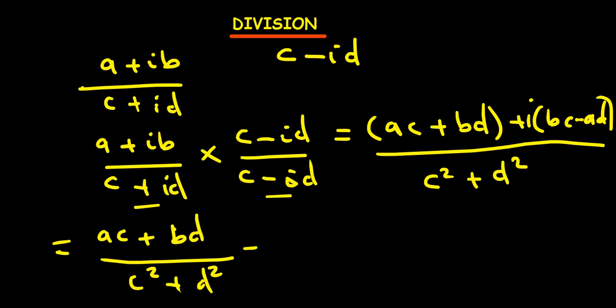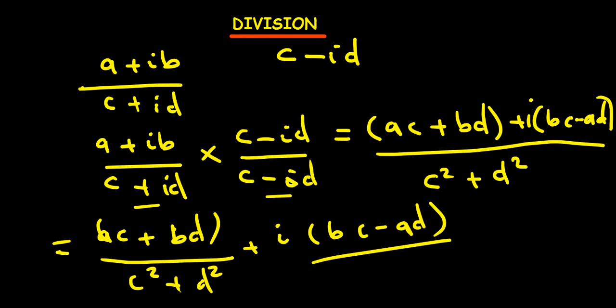Then I have plus your i there, then bc minus ad, over c squared plus d squared. A lot of questions would ask you to leave it in this form. So that is how you work around division.